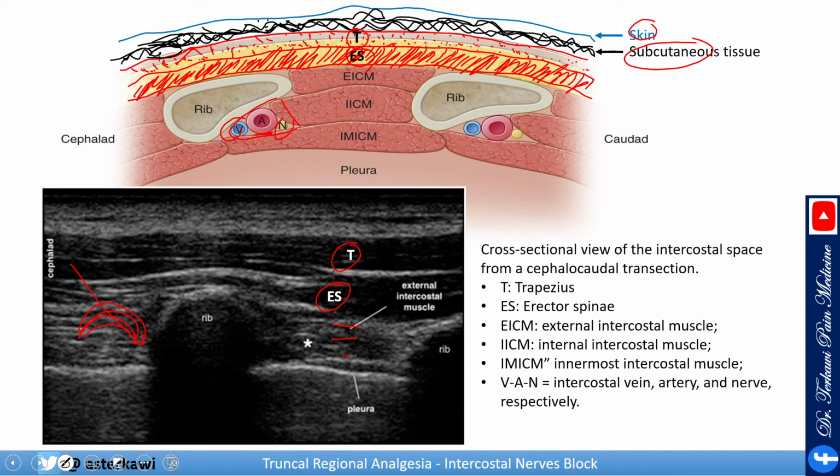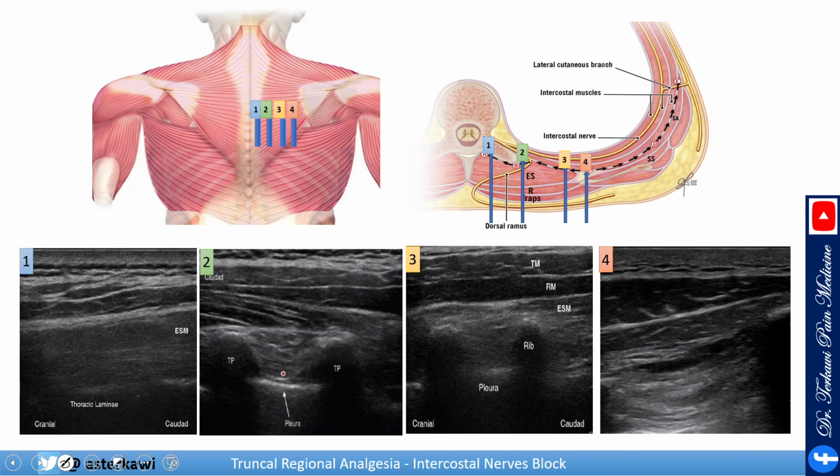What I would like to see is it going downward like this. Why? Because you are pushing the innermost intercostal muscle down by putting the medication here. So you will see the push going down, pushing the pleura down. That's the typical spread for the intercostal nerve block.